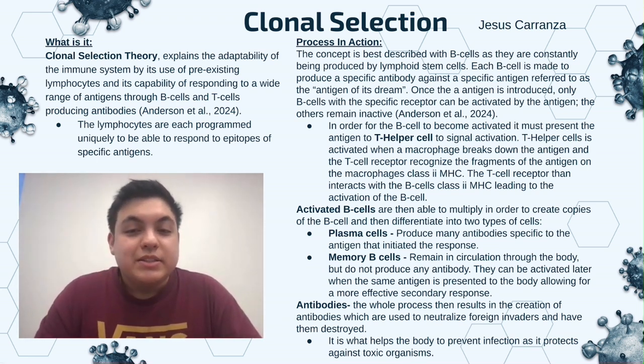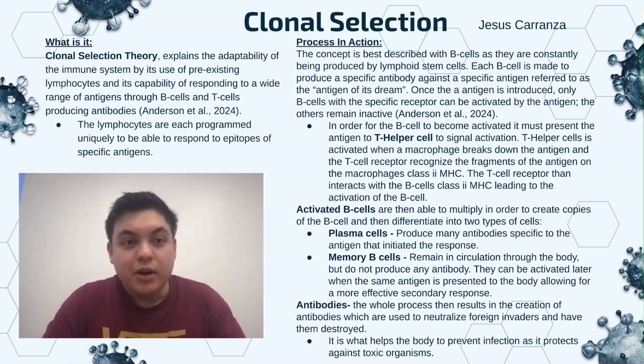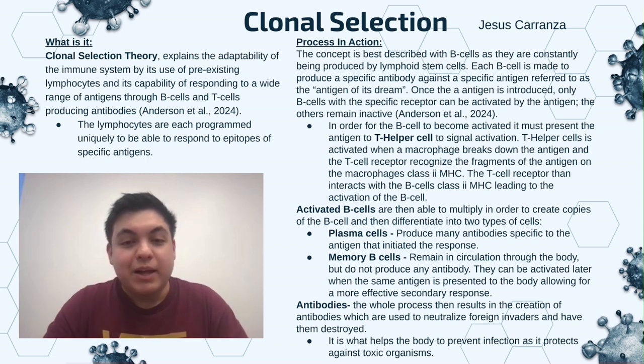Once the B cells have been activated, they are able to start multiplying. This is a really big part of the whole clonal selection, as they turn into plasma cells, or they can turn into memory B cells.